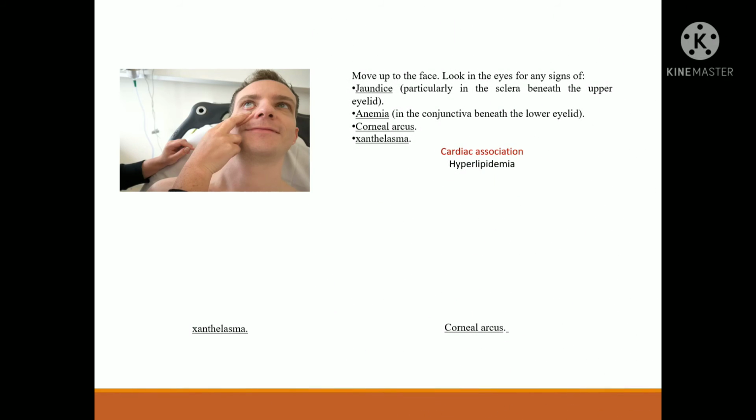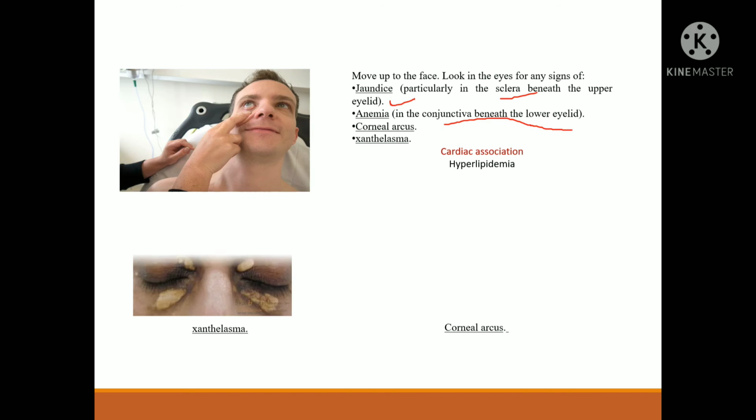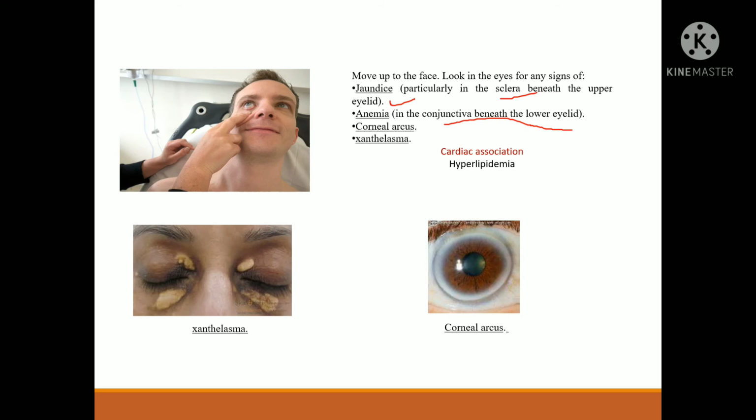Moving up to the face, look in the eye for any signs of jaundice, that is yellowish discoloration, especially in the sclera, which is beneath the upper eyelid. Next, again see for anemia in the conjunctiva beneath the lower eyelid, and assess for corneal arcus and xanthelasma. This is called corneal arcus, which is also known as arcus senilis.